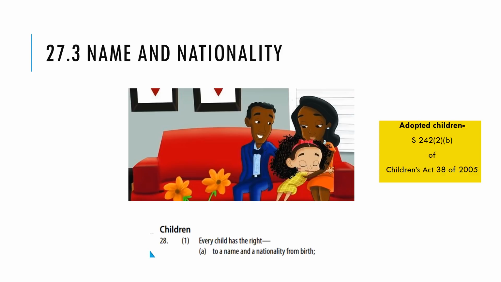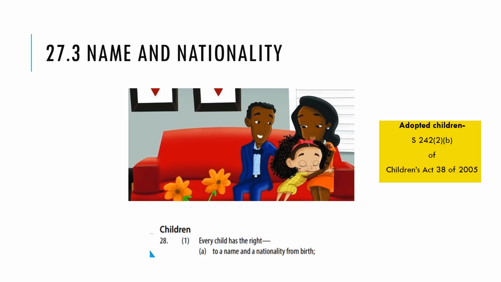The adoptive parents must then apply to record the adoption, and any change of surname, to be recorded in the birth register. All adoptions that take place in South Africa are also entered into the adoption register. So that means when a child turns 18 and they do decide that they want to search for their biological parents, there's a national register which they can apply to, which will indicate to them what their original surname at birth was.